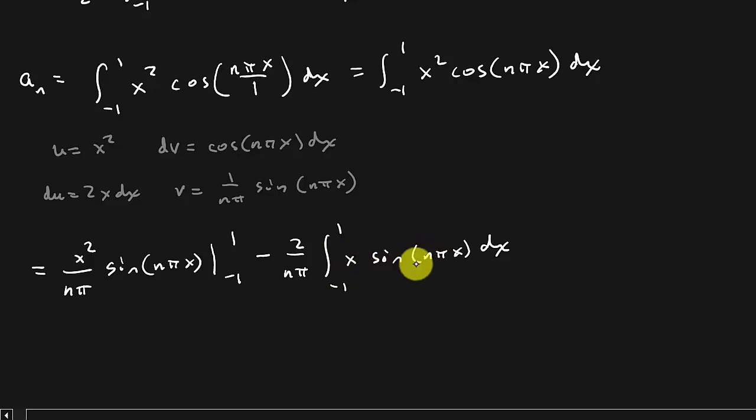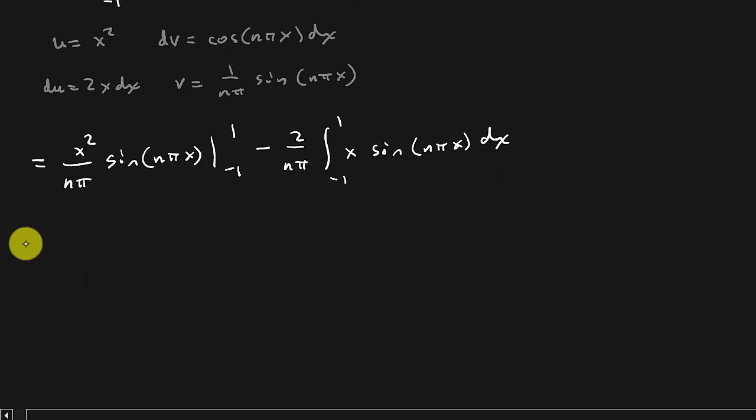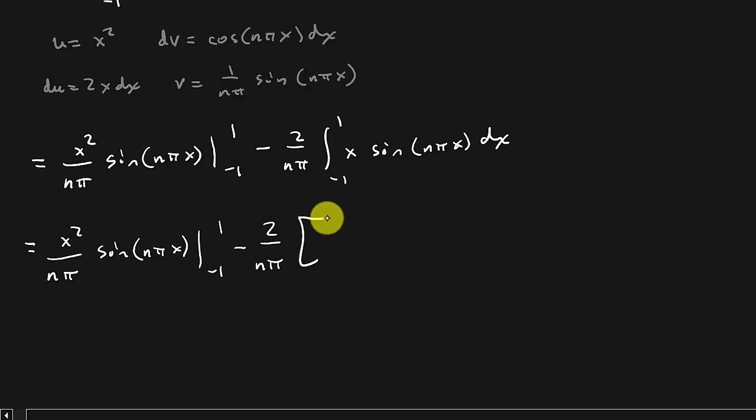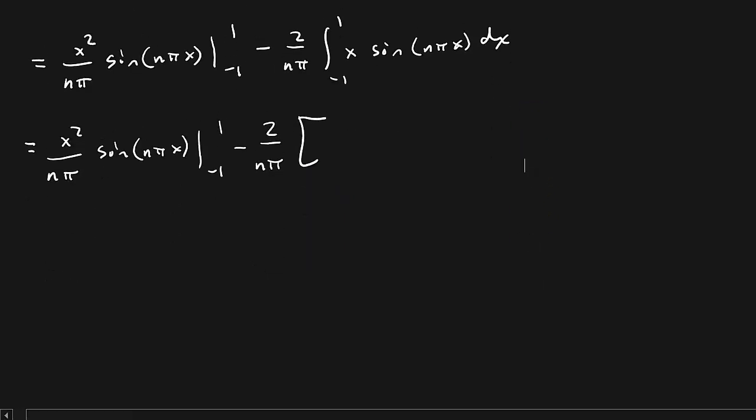All right, so we're getting there. Well, now we got to integrate this thing, so we're going to have to use parts again. And so let's just go ahead. We've got x squared over n pi times sine of n pi x from -1 to 1 minus 2 over n pi times this integral here. Okay? All right. So here we go.